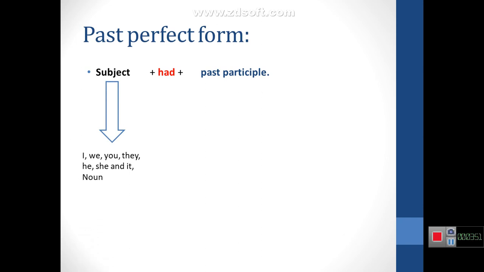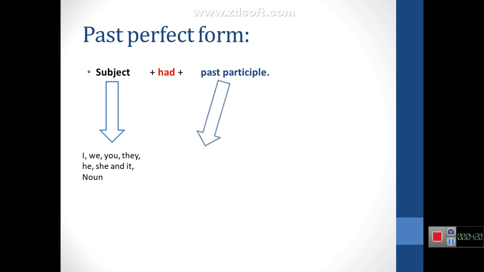Subject means a person who does the action or people who do the action. We can have pronouns such as I, we, you, they, he, she, it, or any name or names, plus auxiliary verb, which is had, helping verb, plus past participle.